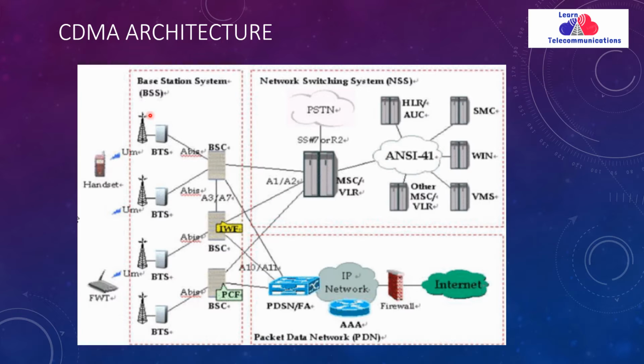This is used for voice communication, whereas if we want to make a data communication, the BSC goes to a PDSN and then the AAA server and to the internet cloud. So this path is for the data cloud.